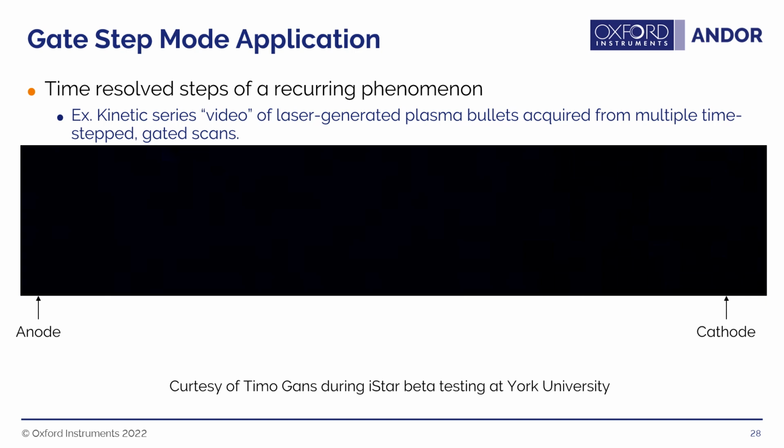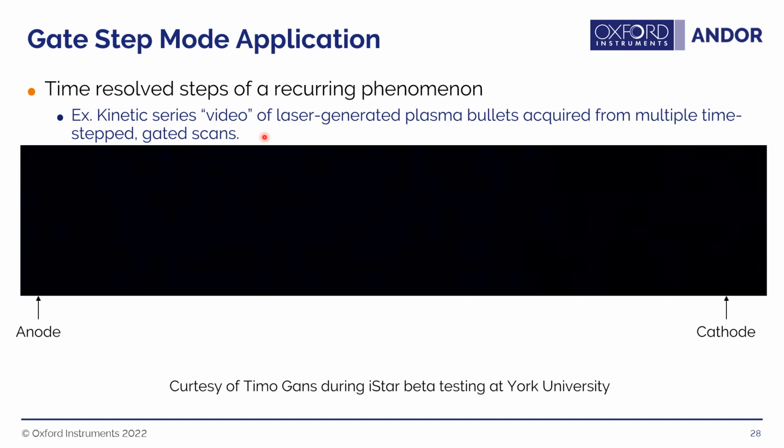In this case, if you have some time resolved steps of a recurring phenomenon, so if you repeat this phenomenon happening multiple times and you want to watch it at subsequent time delays after the start of each reoccurrence, the researchers made a kinetic series video of laser-generated plasma bullets acquired from multiple time-stepped gated scans.